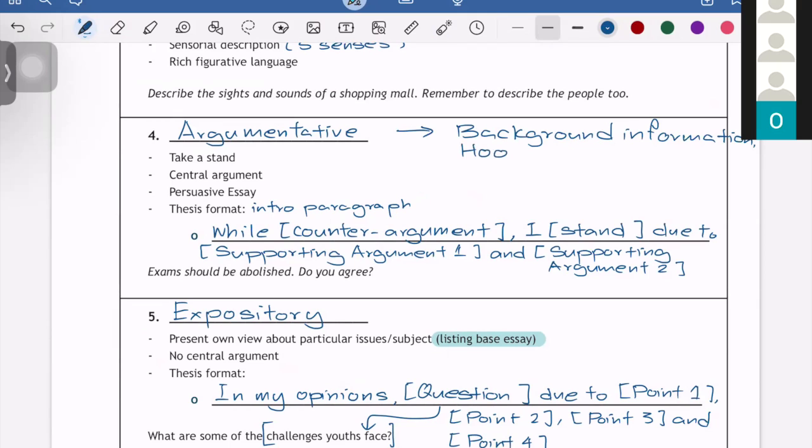Or if you would like to include a hook as well, it can be your rhetorical question. It can also be a quote by someone, quotation. Has to be a well-known person. And you have to make sure you remember who it's said by.